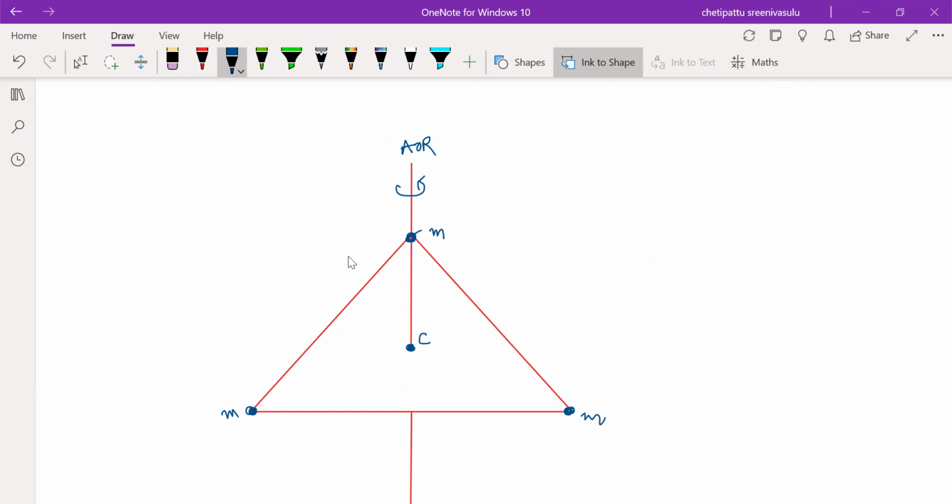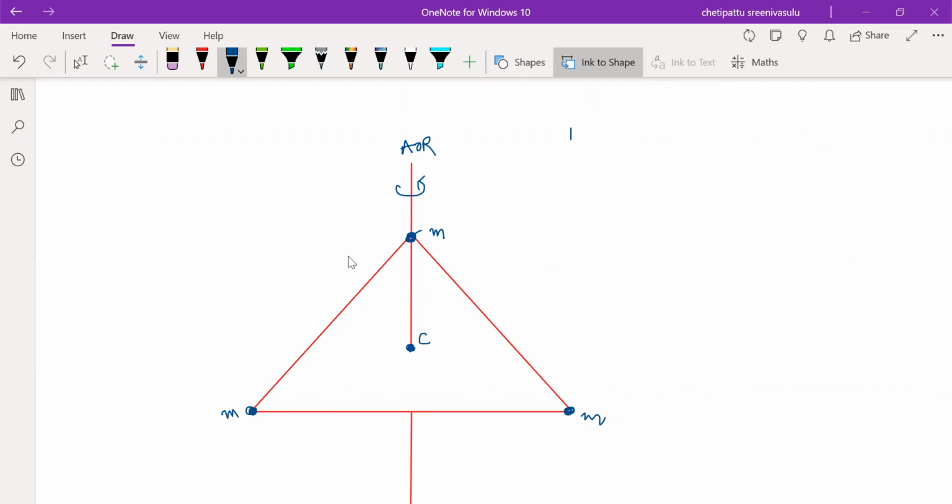Here the axis is not passing through m, it is passing through the centroid. You need to assume this triangle is perpendicular to the board, and the axis of rotation is passing through the centroid, not the vertex.